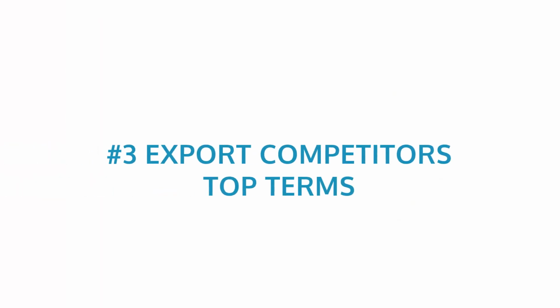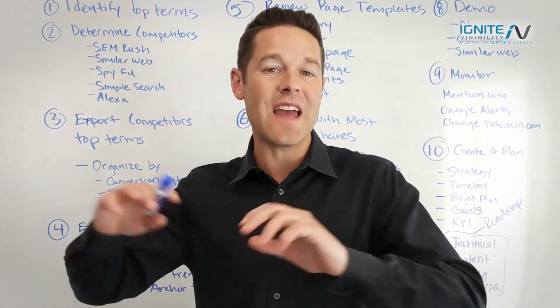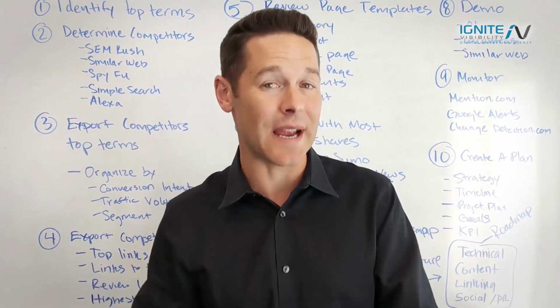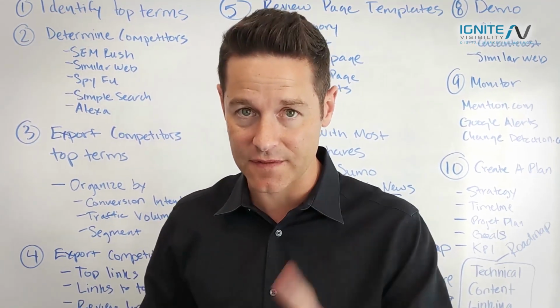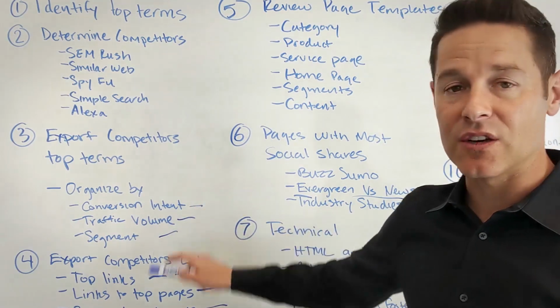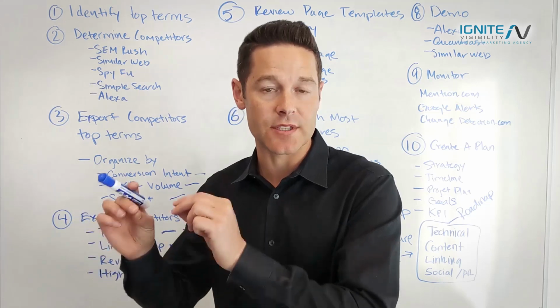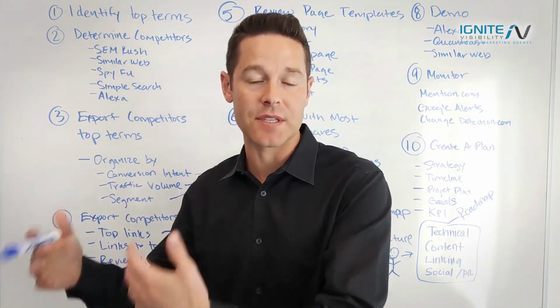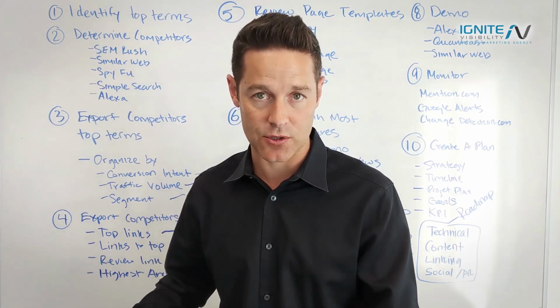Step 3, you want to export your competitor's top terms. You can export every single term that they are ranking for within Google, and then organize it in the following ways. First, organize it by conversion intent. Are these keywords that can actually convert and drive business for you? Are they buying type of keywords with enough search volume?